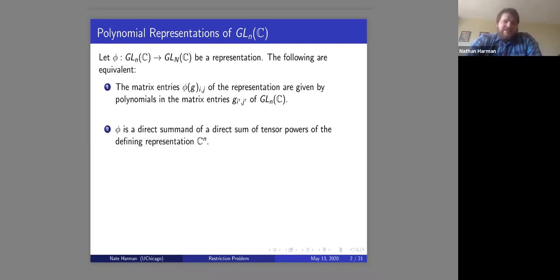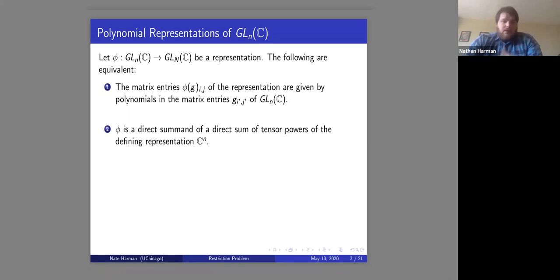So GLN is in a sense defined as a representation to begin with. And you can take tensor powers of that, and look inside for what representations arise. Those are the polynomial representations. Or I should say, the irreducible ones all arise inside a tensor power of the defining representation. But if we want non-irreducible things, we might need to take direct sums.